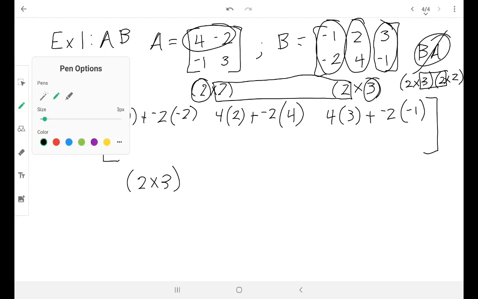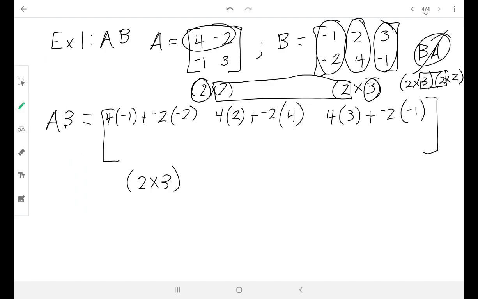I'm going to switch colors here. I'll use blue here for the second row. And then I want to do the same thing for these. So we're going to have for element 2, 1, -1 times -1 plus 3 times -2.